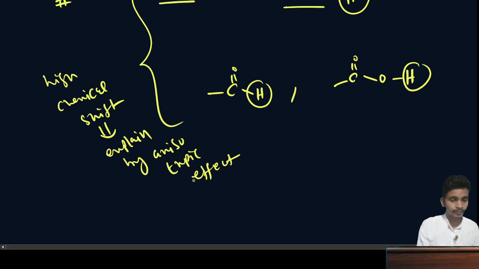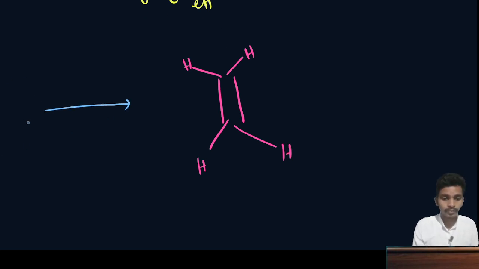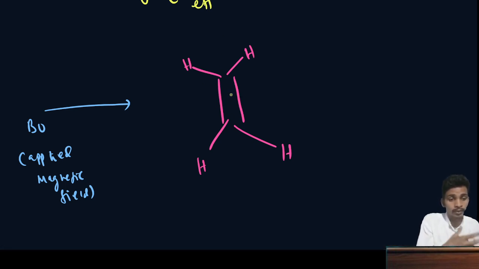How? Let's say it is an alkene system, and here a hydrogen atom is there, here also a hydrogen is there. Now you are giving the applied magnetic field B. Due to the pi electrons, it generates an induced magnetic field.